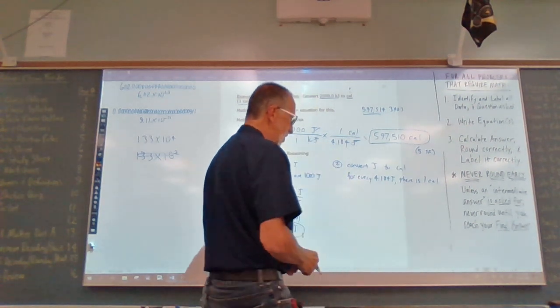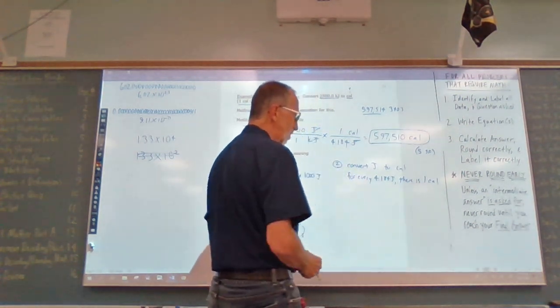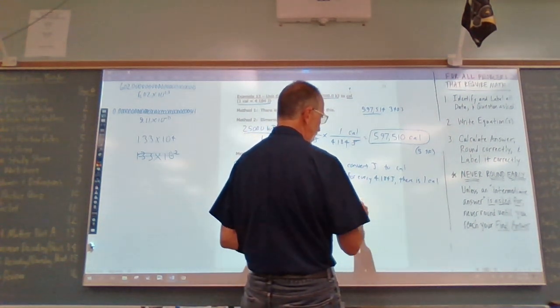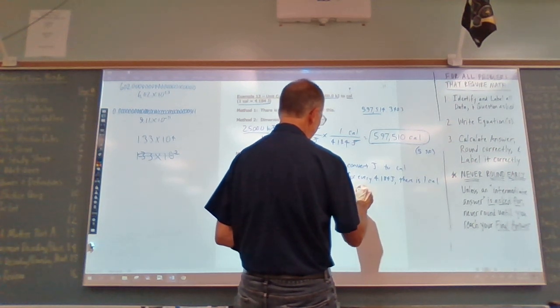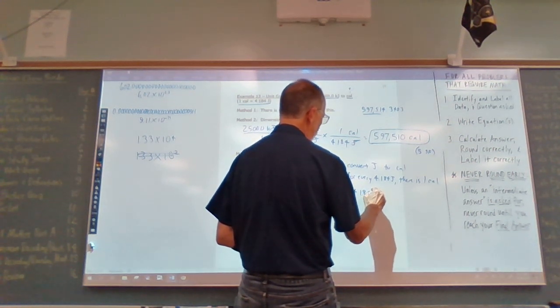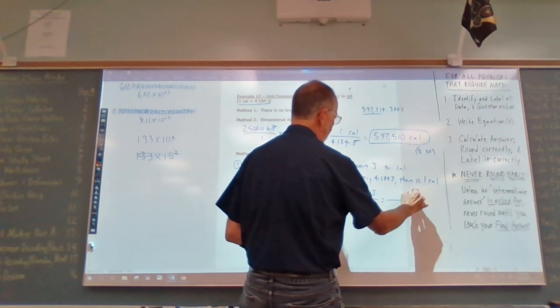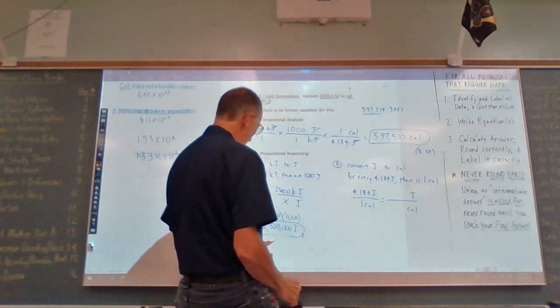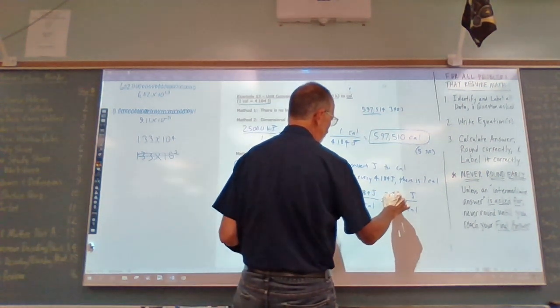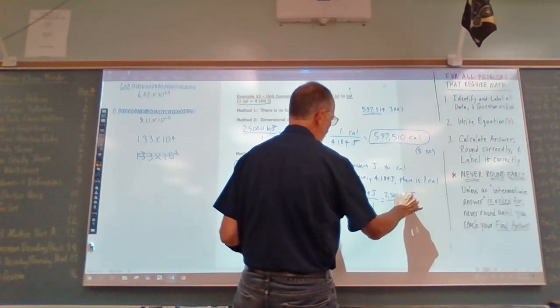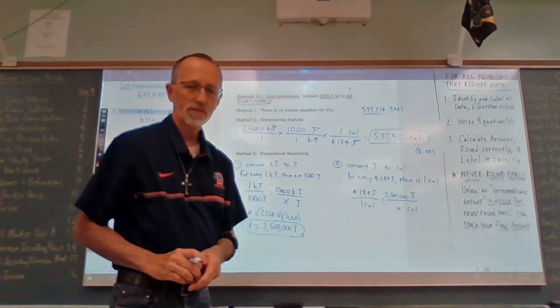All right, now we're going to convert joules to calories. So here's our for every. So there's our first proportion, our setup there. So we have 4.184 joules over 1 calorie. Set the other side up the same. We have our number of joules here, 2,500,000 and X calories.